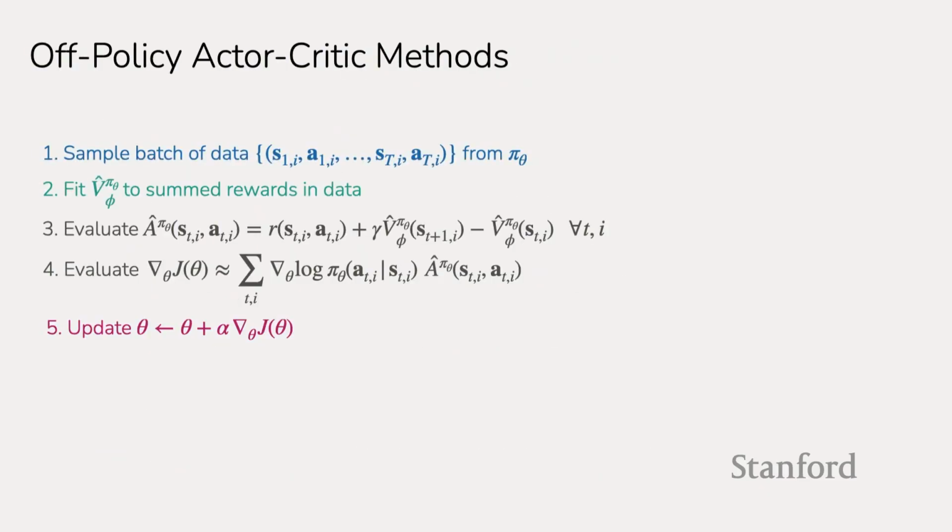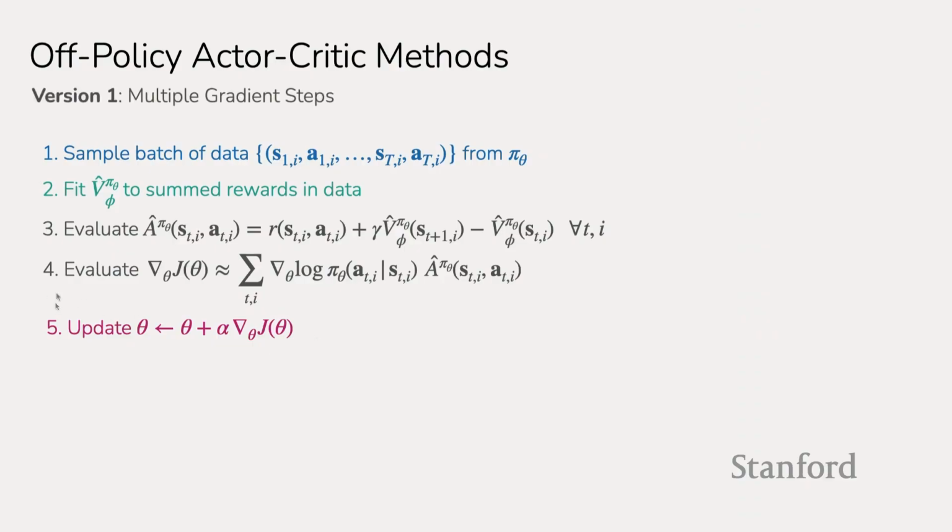Okay, so we have our actor-critic method. These are the steps that we go through for an on-policy actor-critic method, where we sample data, fit rewards with our value function, then we estimate the advantage with this equation here for all of our states and actions in our buffer, or in this set of data. Then we estimate what the gradient of our policy is and update our policy.